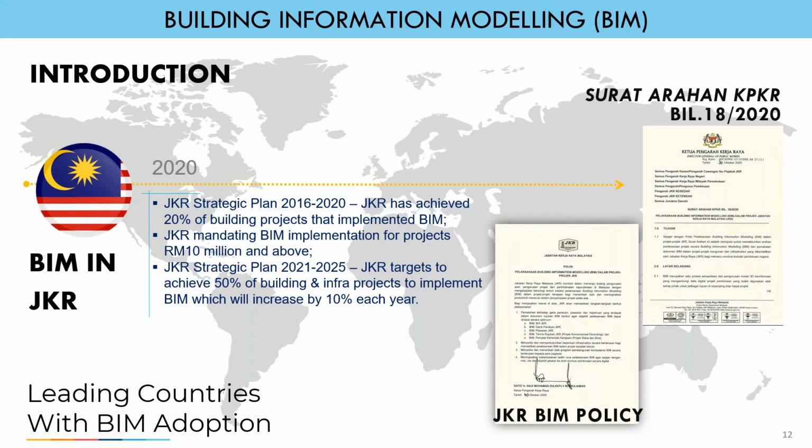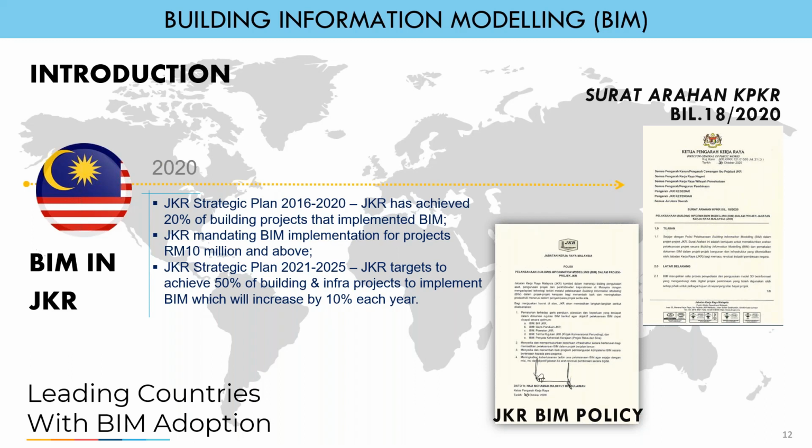Okay, and then in 2016 we put BIM adoption as our KPI, targeting 10% of building projects of 50 million and above to implement BIM, and we managed to achieve up to 20%. And then by the year 2020 we came out with our JKR BIM policy under Surat Arahan KPKR Bilangan 18 2020.